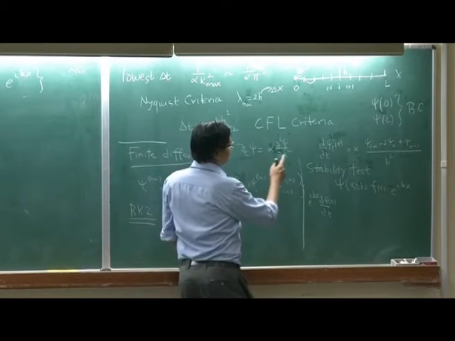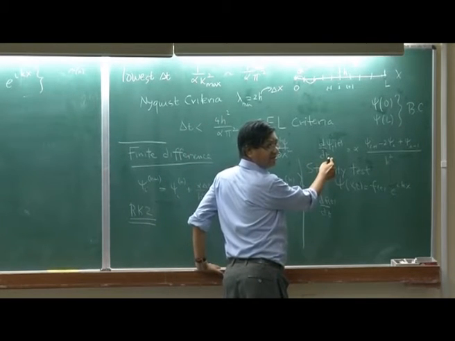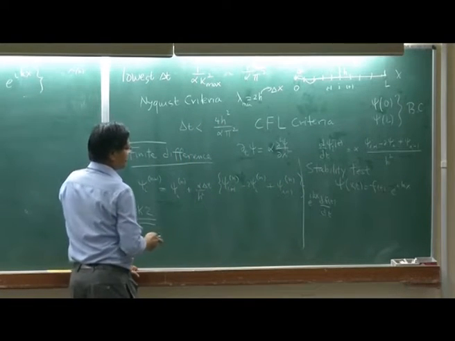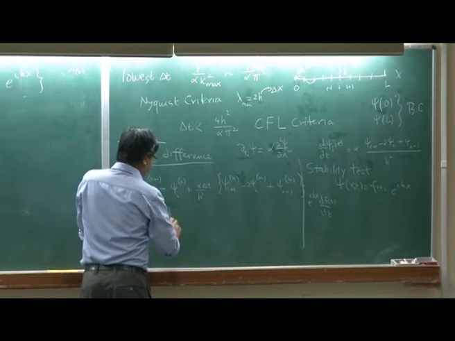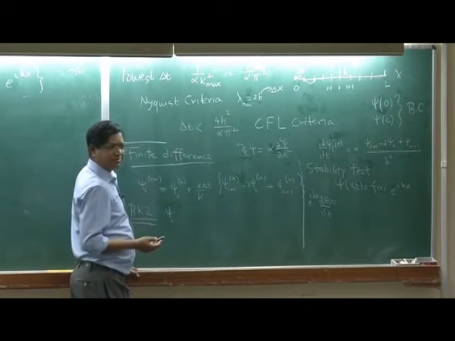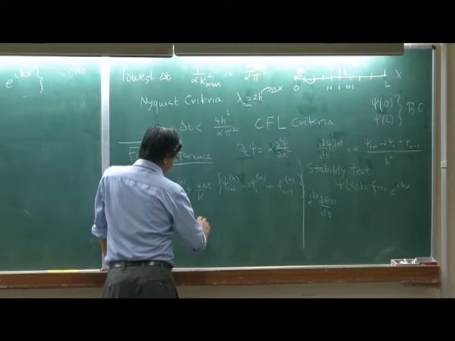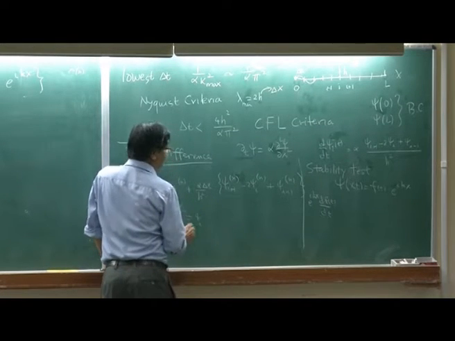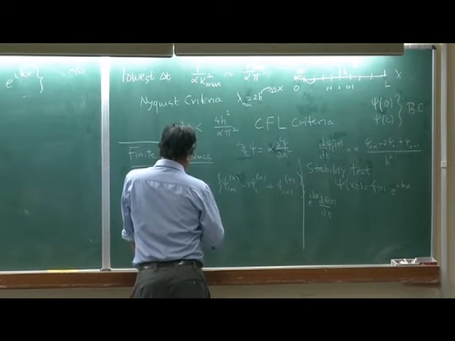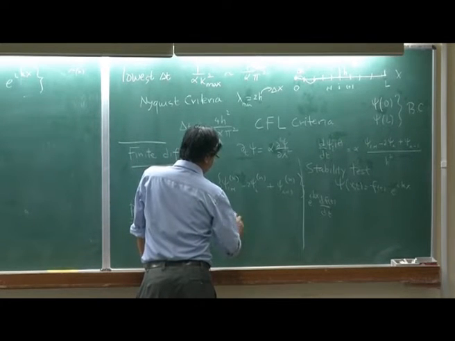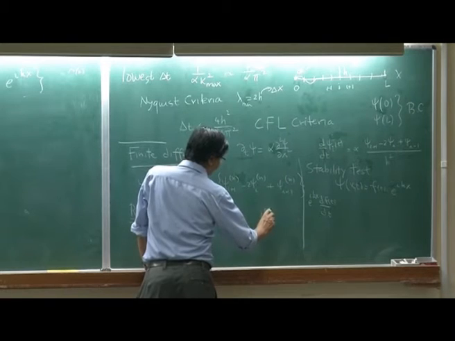So I converted it to this equation. So what is the Runge-Kutta second order? psi i at the midpoint, n plus half, will be psi i at n plus alpha by h squared, all that at n, times delta t by 2.